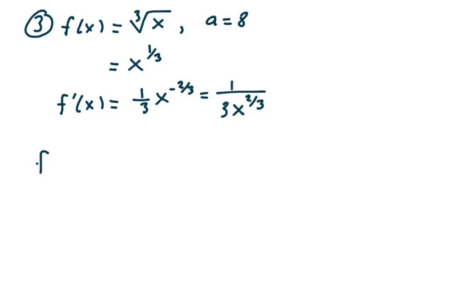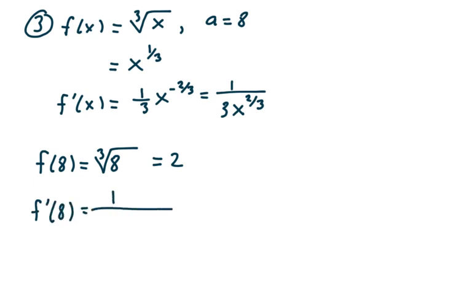Now, f of 8 is the cube root of 8. And the cube root of 8 is 2. F prime of 8 is 1 over 3 times 8 raised to the 2/3.